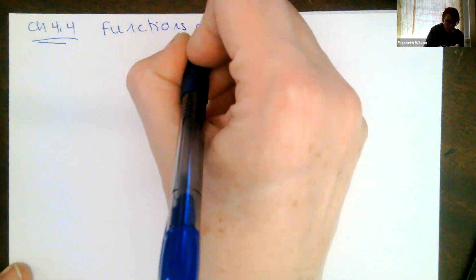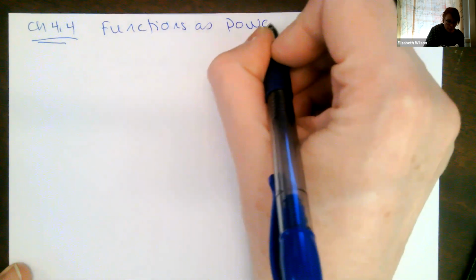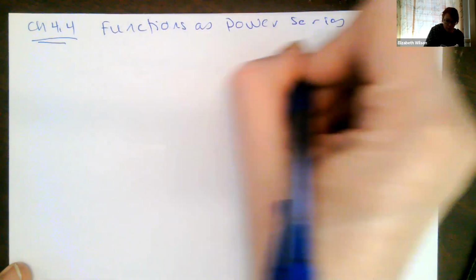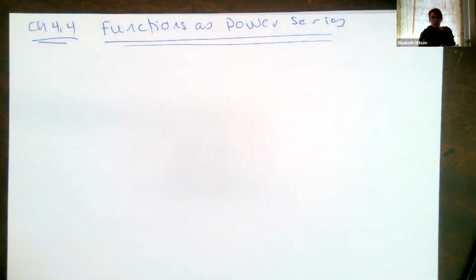Okay, so chapter 4.4. There's a lot in here that's kind of redundant with stuff that we've covered before, but this is called functions as power series. Up until this point, we've been using power series. Remember, power series doesn't mean it has a lot of power.